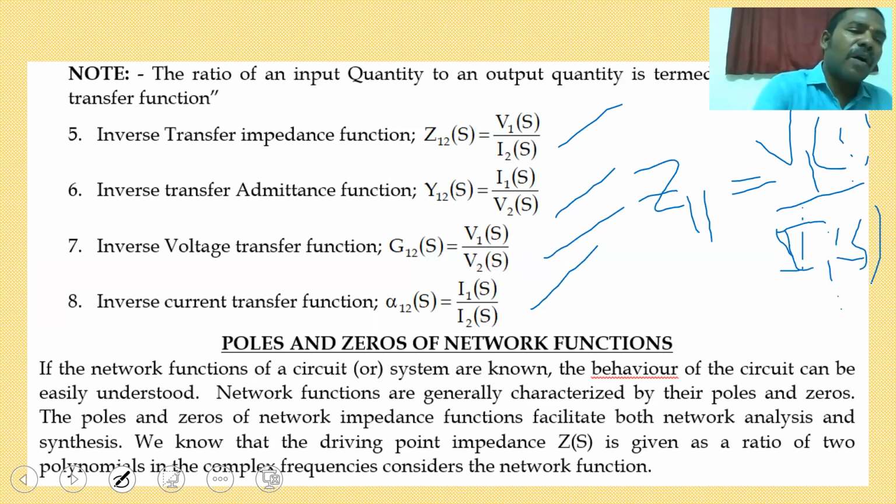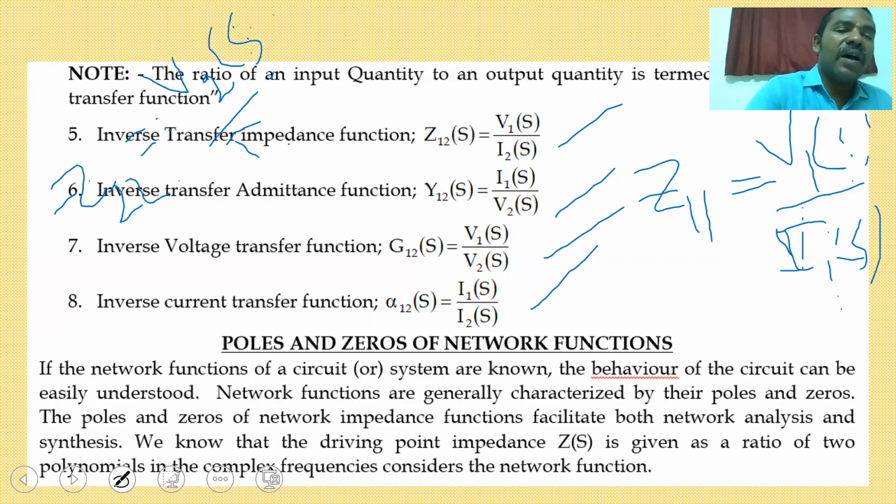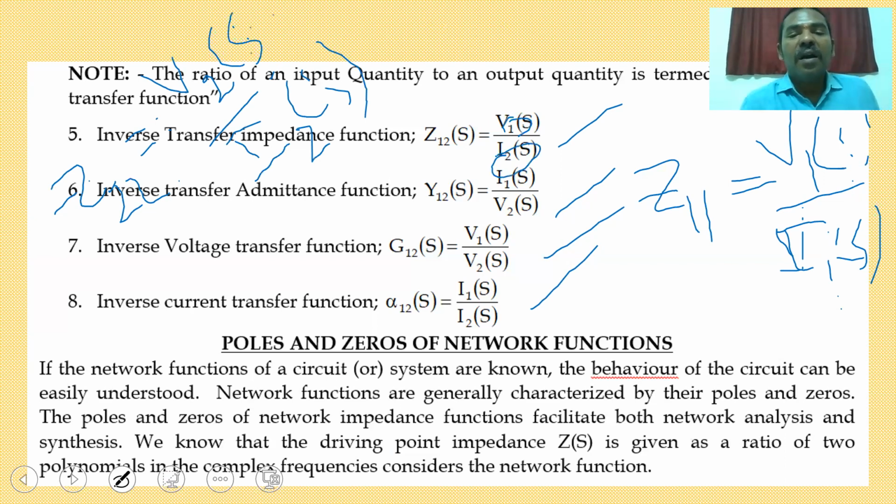The driving point output impedance Z22 is equal to V2 of S divided by I2 of S. So these are driving point impedances, and transfer impedance means one port voltage to another port current, or one port voltage to another port voltage. So like that, when different values are taken, it is a transfer function. When the same values are taken, it is a driving point function.